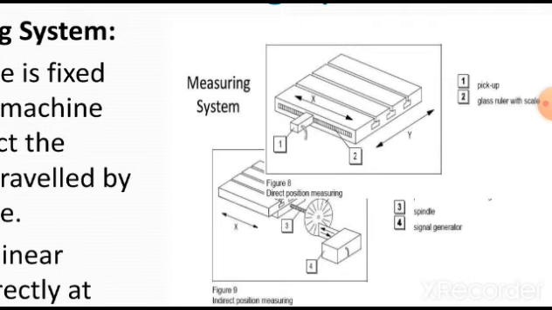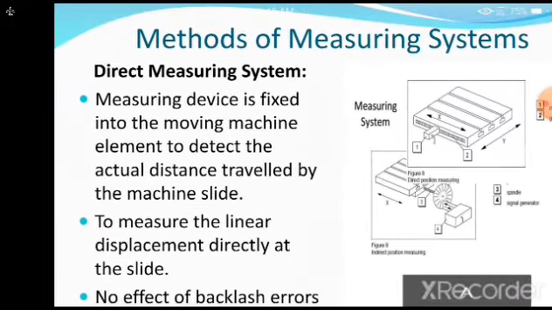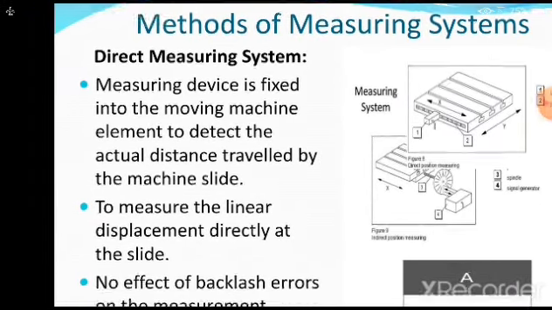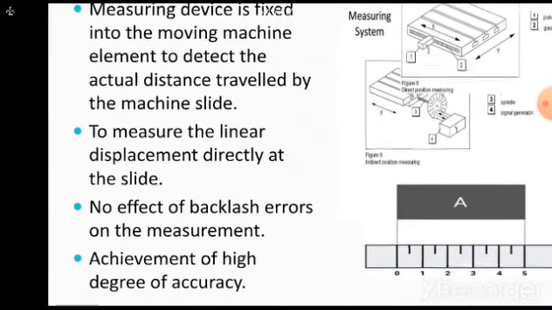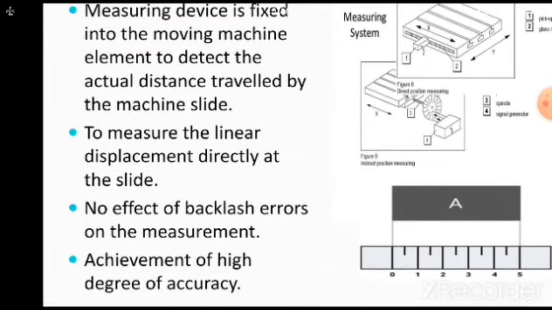Here there is no question of backlash, because the measurement is taken directly on the machine table itself. Achievement of a high degree of accuracy: you can achieve the highest degree of accuracy as the measurement is taken with the help of displacement or position sensors directly on the machine table of a CNC machine.